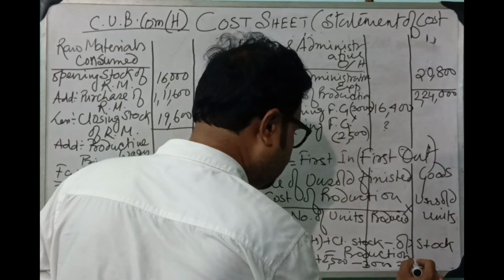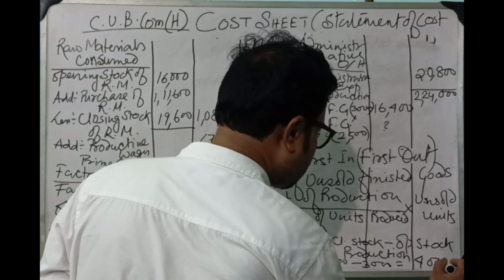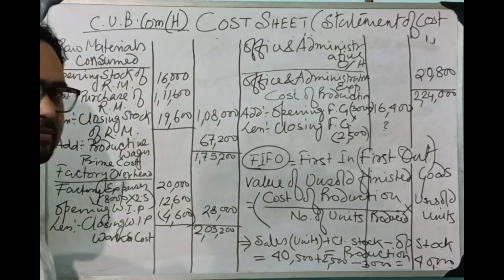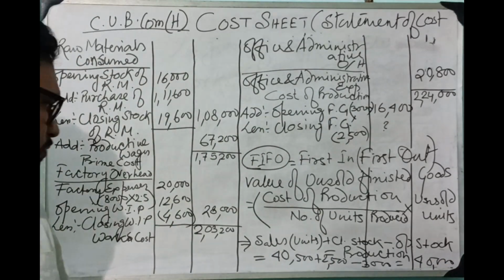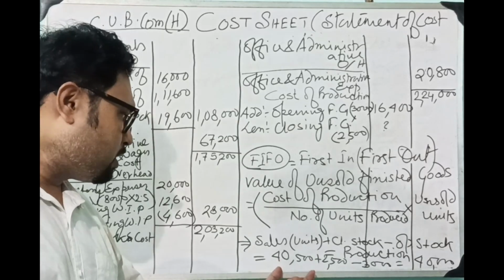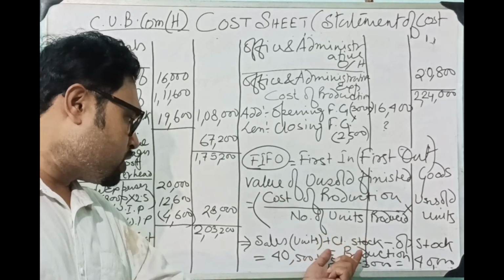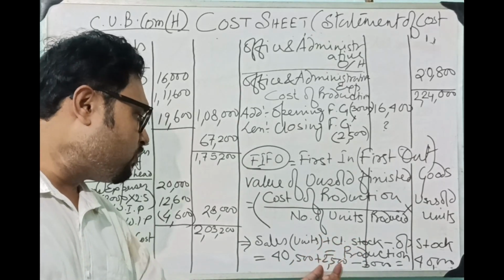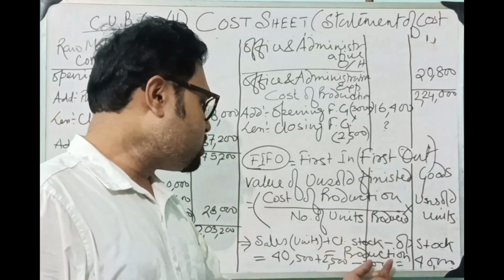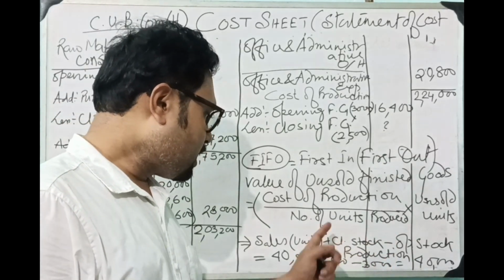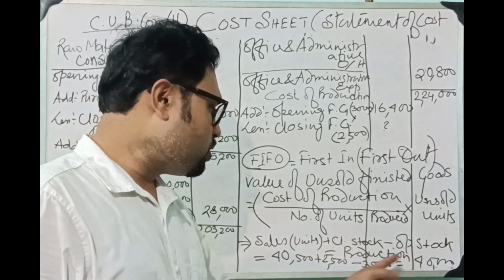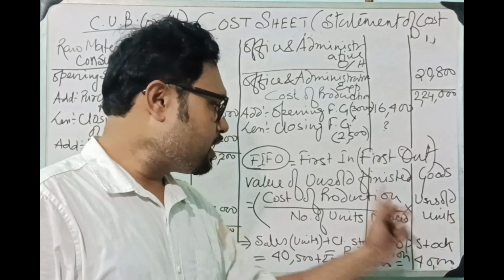So look at it, the production is 40,000. 40,500 is the selling unit, closing stock was 2,500, opening stock was 3,000, and production we don't know, we are calculating it.